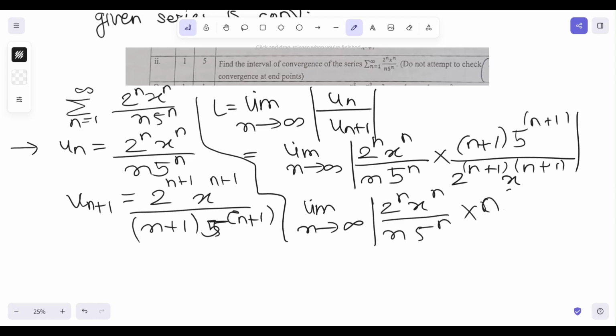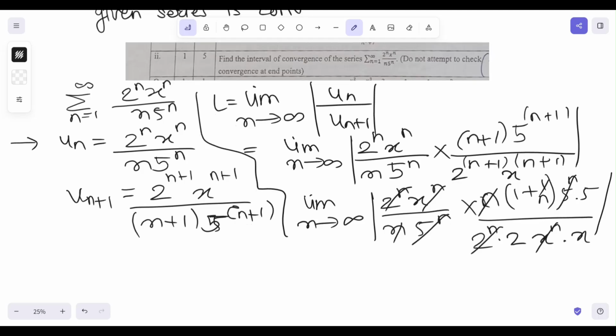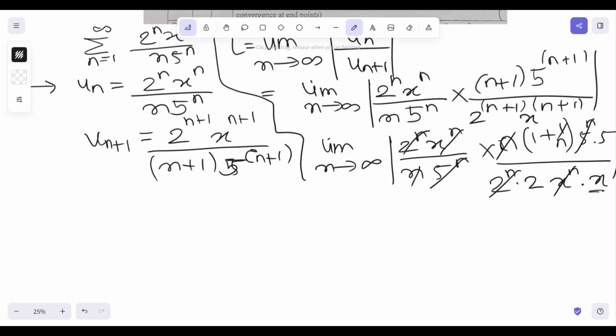If you take n common, inside it would be 1 upon n, then 5 raised to n into 5 upon 2 raised to n into 2, x raised to n into x. So here you can cancel out terms, 5 raised to n and 5 raised to n cancel, n and n cancel. So now you can see x is constant, which we are trying to find out.